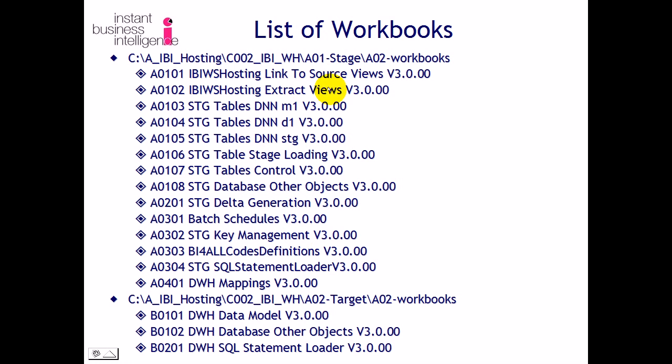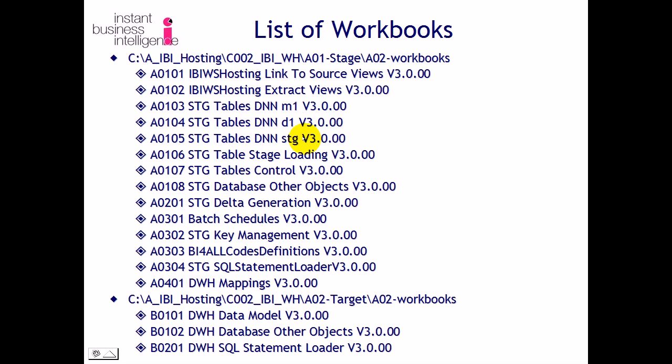There's a set of views to extract data out of that database, and then there's the for DNN -1 tables. To be able to do delta detection, you need the -1 version. So the database that was just downloaded and restored is the current version, and we store the -1 version inside the staging area. The D1 is for the delta tables. So you have the source, the current database, you have the -1, and it processes those to calculate deltas.